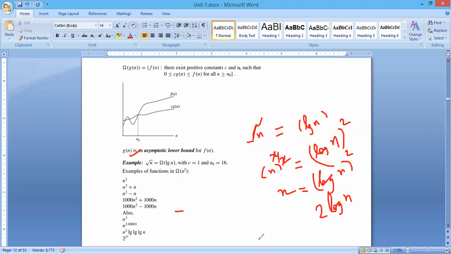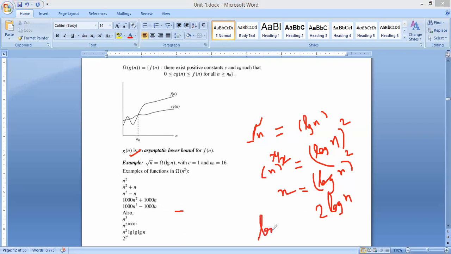So log and log is the reverse part, log of this, log power 2, right? So in this way we can break it, so n square of log n. In this way we are able to generate this output.